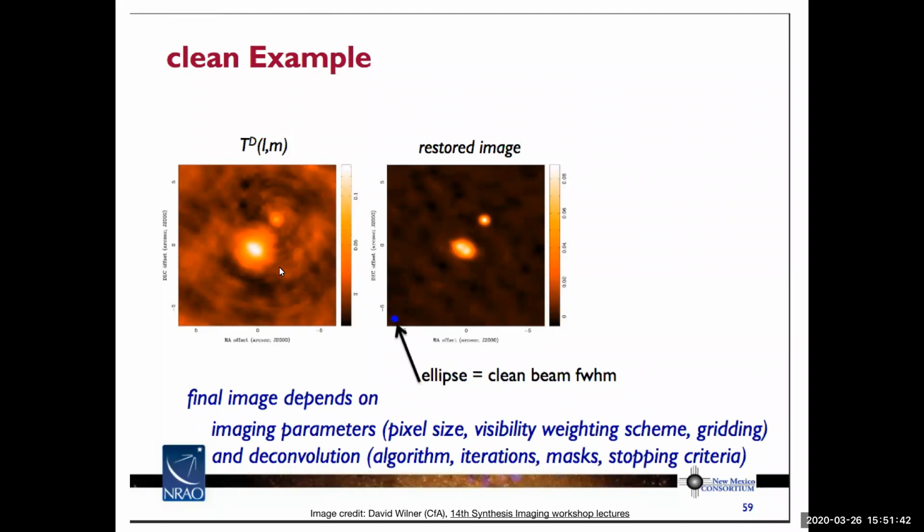Yeah. So some of the parameters you have to set right at the start. If I just go off this slide, stuff like pixel size and visibility weighting, gridding, those are all in the imaging. I think CASA does the imaging and the cleaning all in one step these days, but originally you could do these separately.